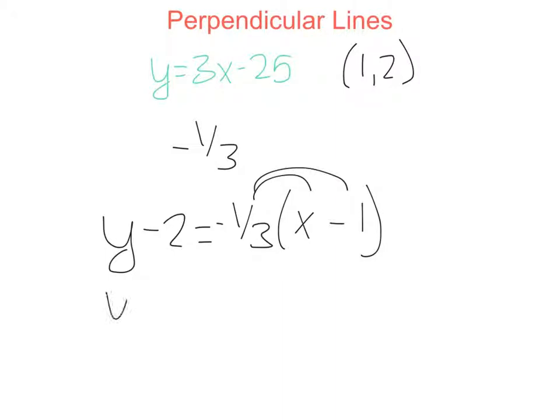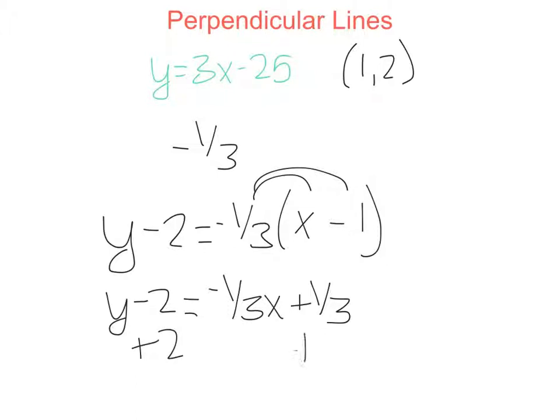So we have y minus 2 is equal to negative 1/3 x plus 1/3. And then we add 2. So our final perpendicular line would be y is equal to negative 1/3 x plus 2 1/3.